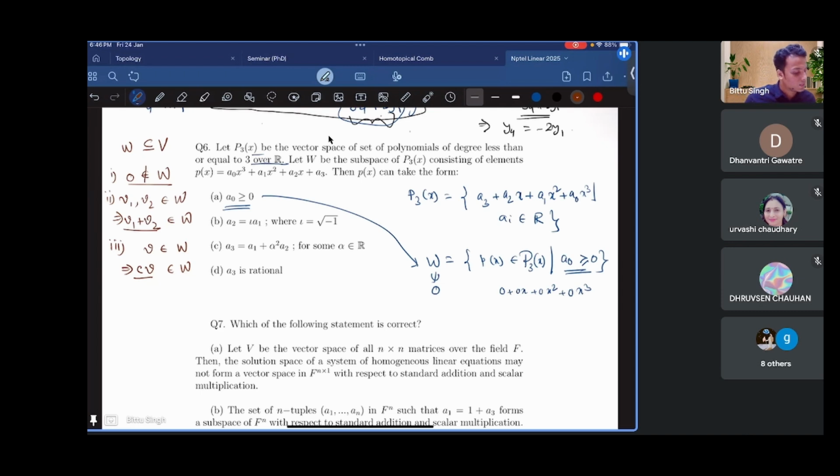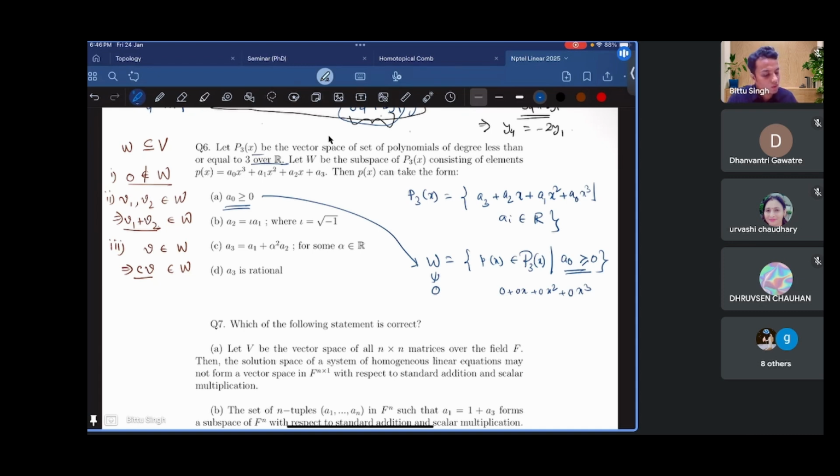Those are the conditions we need to check. So here 0 is there, no problem. The second condition is also holding: if something is greater equal to 0 and we add another thing which is also greater equal to 0, then their addition will be greater equal to 0, right?